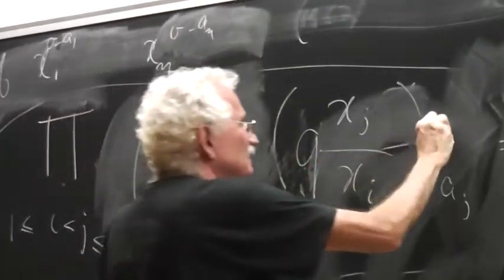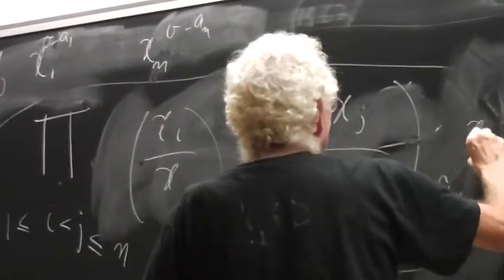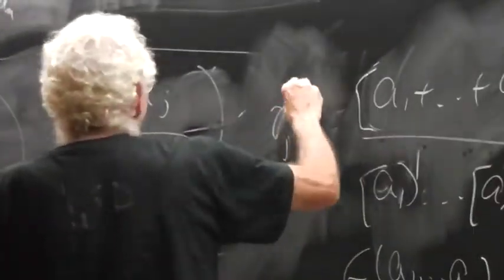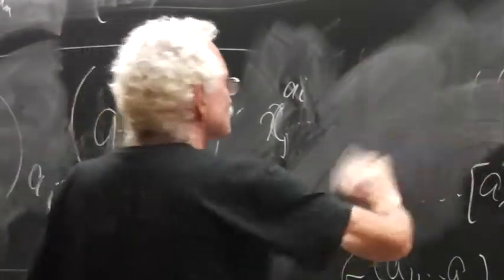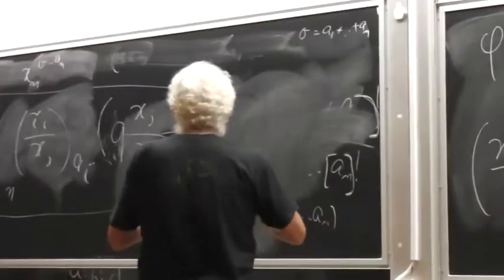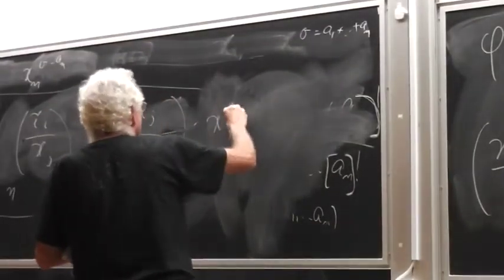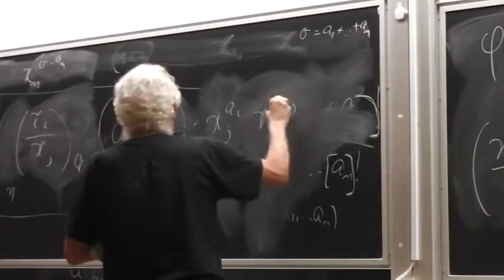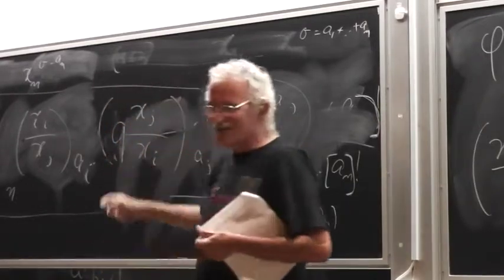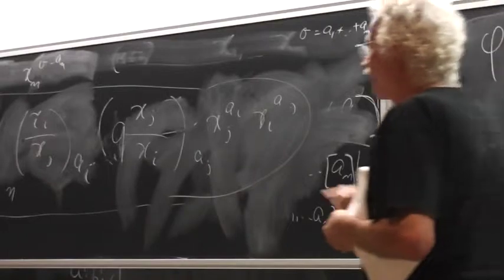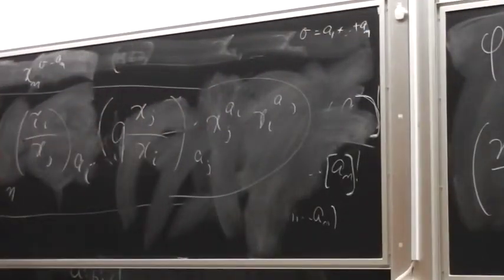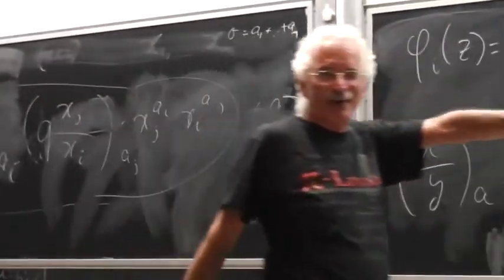Now you put here x_j to the power a_i. Now it's a genuine polynomial. It's no longer a Laurent polynomial, and no longer a constant term. It's some genuine thing. So now this is applicable.